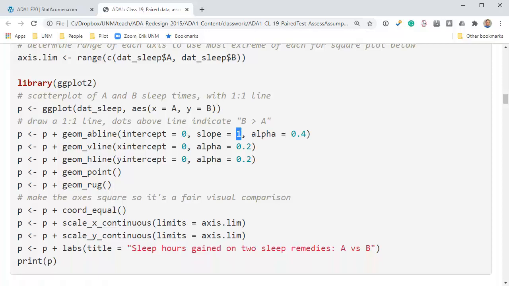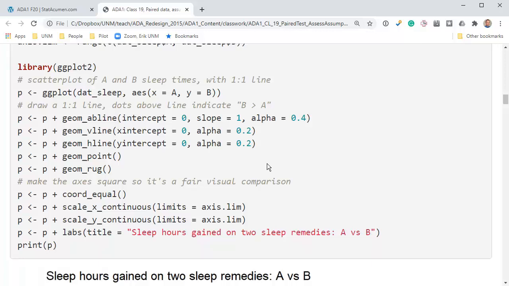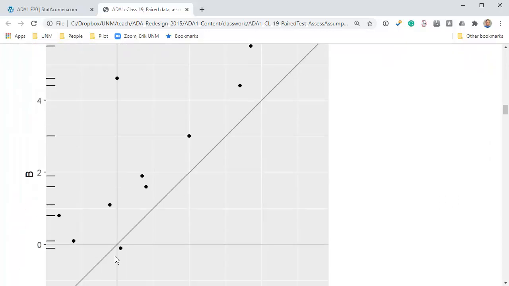Alpha is 0.4. That gives me a sort of dark line, but not too dark. And then I've got a vertical and a horizontal line at the x and y intercepts of 0. Alpha of 0.2 gives me a pretty light line. So that gives me this diagonal line that's about twice as dark as the horizontal or vertical lines at 0.